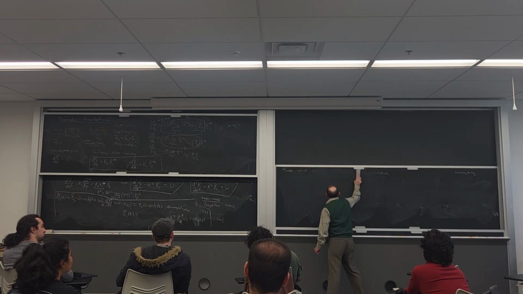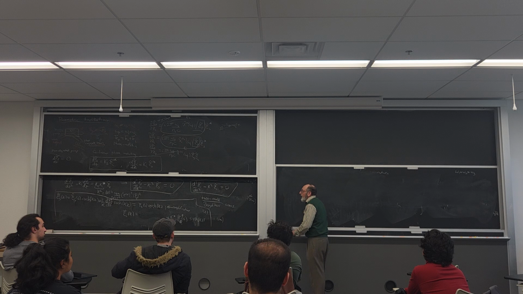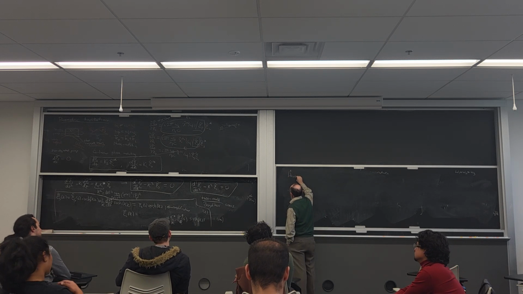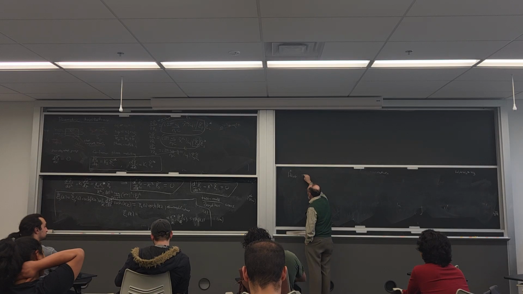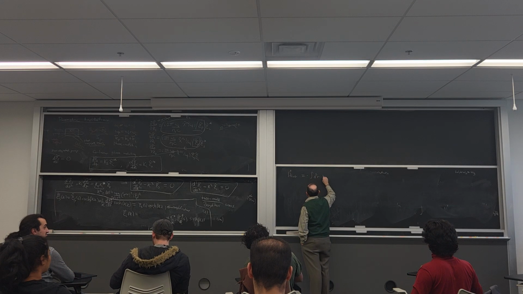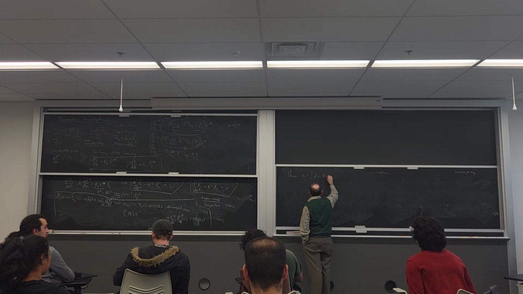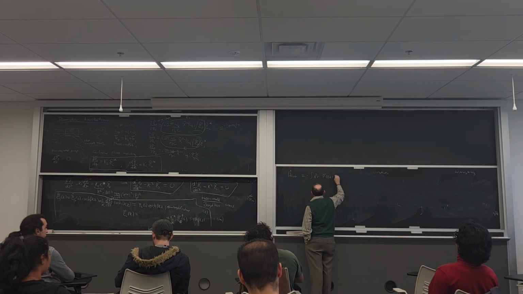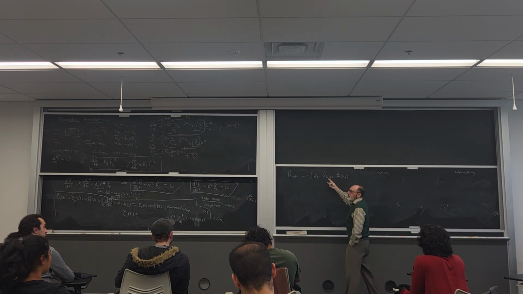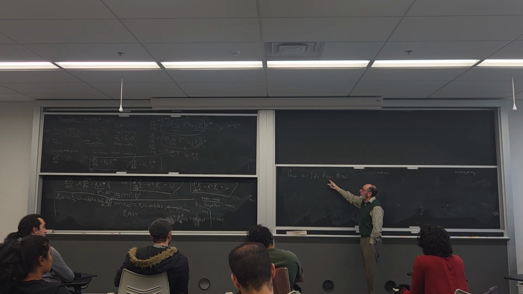Yes, exactly, that's exactly right. So let's go back to what we had at the beginning of the lecture. We had the interaction Hamiltonian. My interaction Hamiltonian, if I don't make any classical approximation, is this.